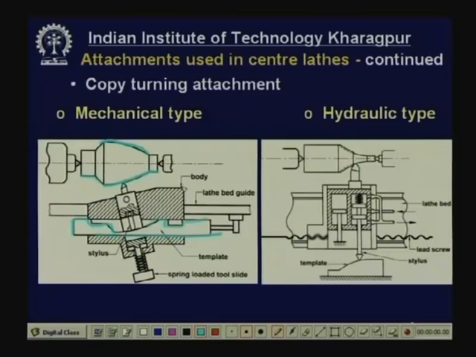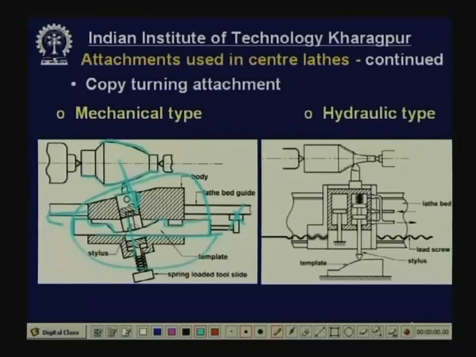Now, this block is the attachment. This attachment is mounted on the saddle, but this template is fixed with the lathe bed at a point. So, when this block moves in this direction, this template does not move. This cross slide, which is holding the tool, moves in a transverse direction through this guide.